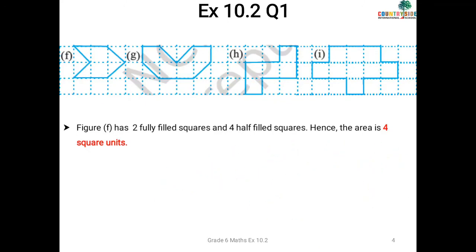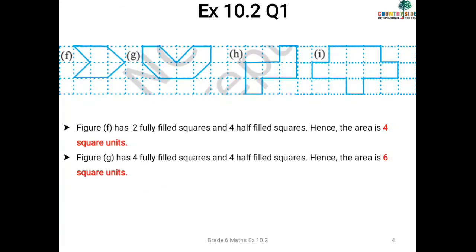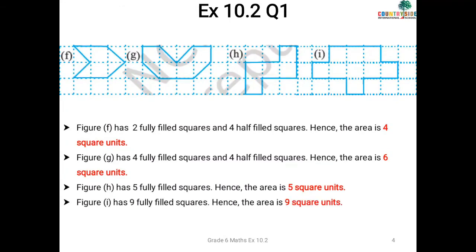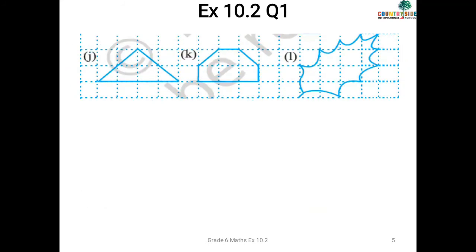Alright? So let's move to the G part. In the G part, 4 fully filled squares and 4 half filled. If you add, you will get your answer as 6 square units. In a similar way H has 5 full, so that is 5 square units. I has 9 full, so 9 square units. Now look at the J part.